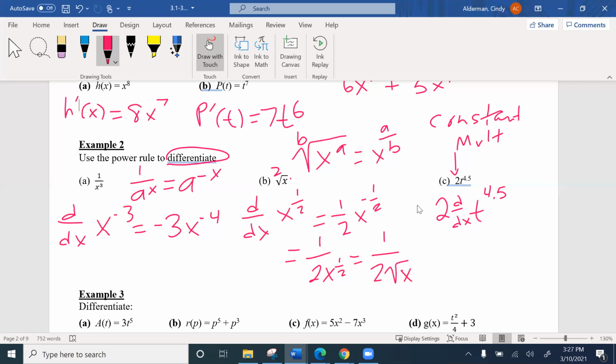And then just take the derivative of the t to the 4.5. So if we took the derivative of that, we're going to take 4.5 and multiply it by what's in front. So we'll get 9t, and then we have to take 4.5 and subtract 1 from that to get 3.5.